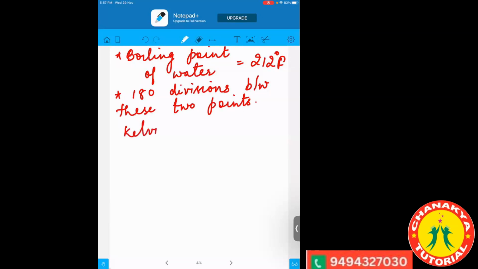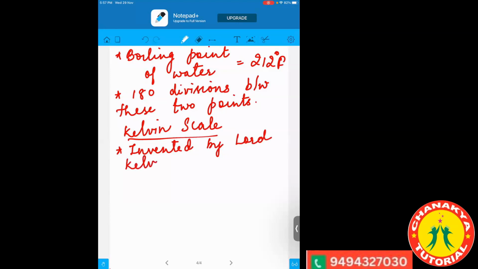Coming to the last scale, called the Kelvin scale. It was invented by Lord Kelvin. You can see all the 3 names of the scales have come from the names of particular scientists.